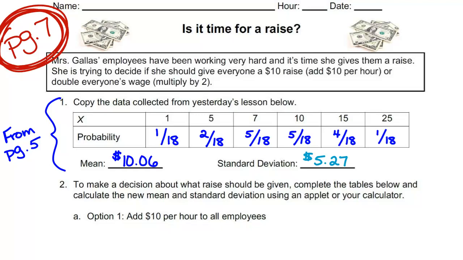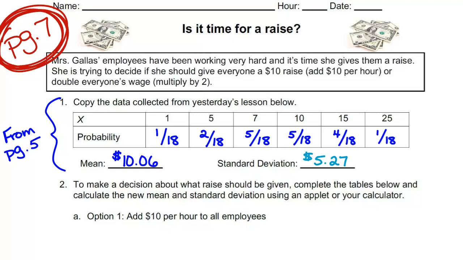Hit Enter. 17. 5 divided by 18. Oops. There we go. Enter. $20. 5 divided by 18. Enter.